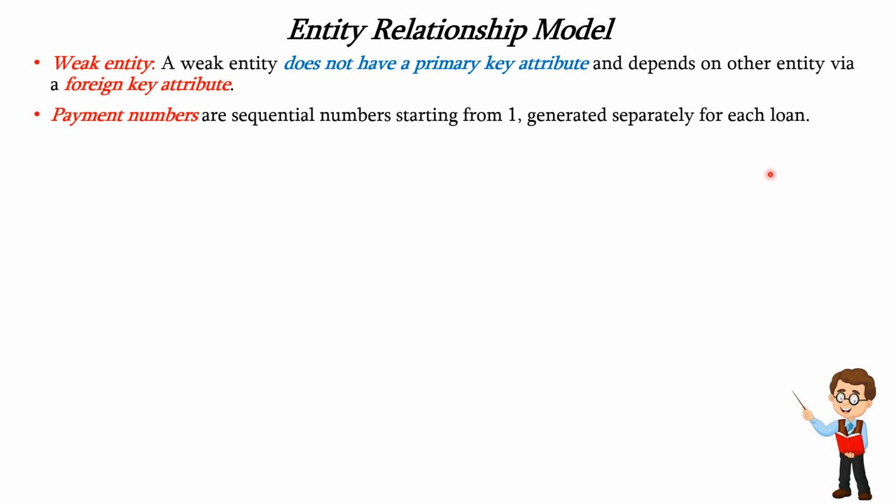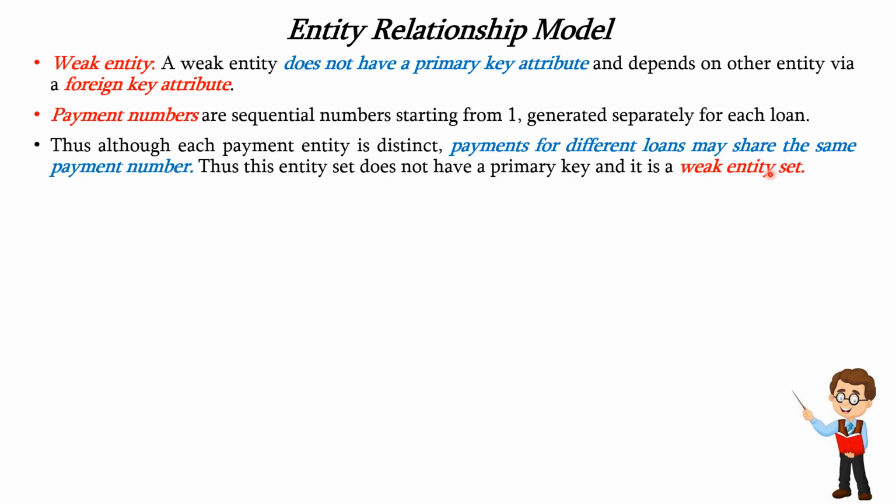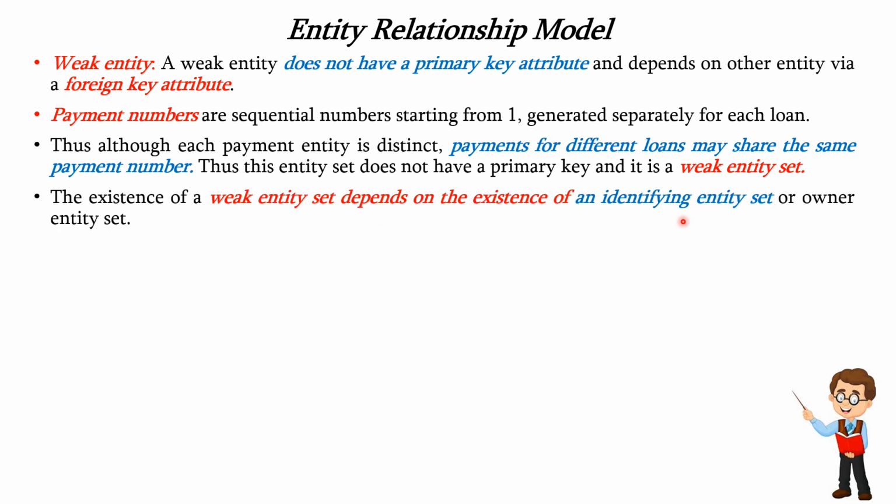There can be multiple loans like education loan, personal loan, etc. So for each loan, the payment number generation is the same concept which starts from 1. Thus, although each payment entity is distinct, payments for different loans may share the same payment number. So this entity set does not have a primary key and it is called a weak entity set.